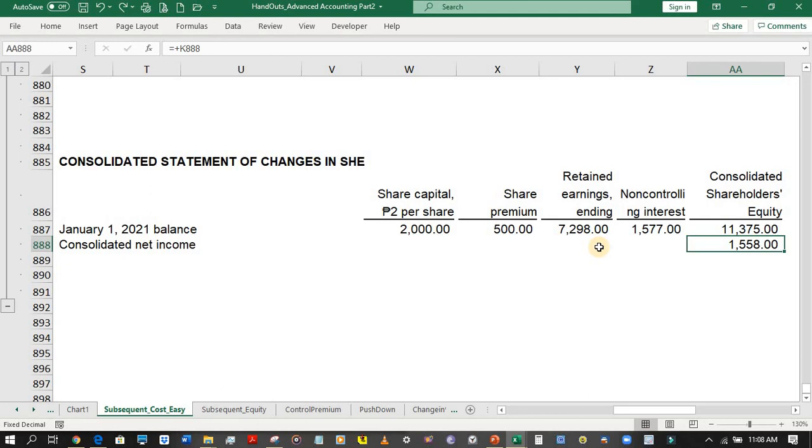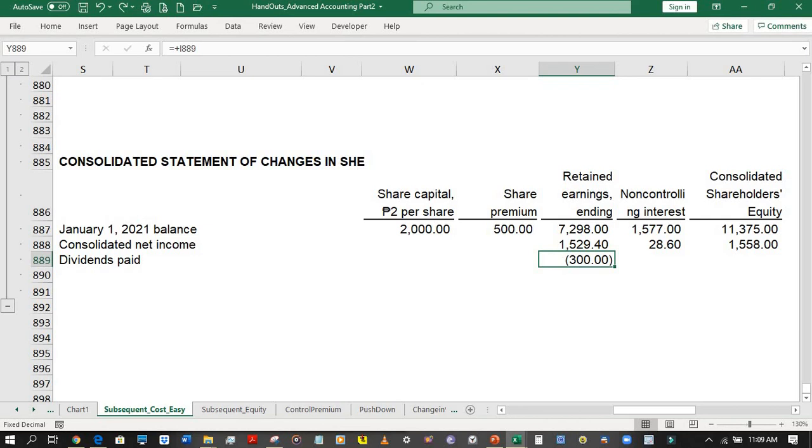The share of the controlling interest or the parent is 1,529.4, while the non-controlling interest has a share of 28.6. Now let's proceed to dividends. The dividends paid that will be deducted from the consolidated retained earnings is always the dividends paid by the parent. So that is 300 pesos.